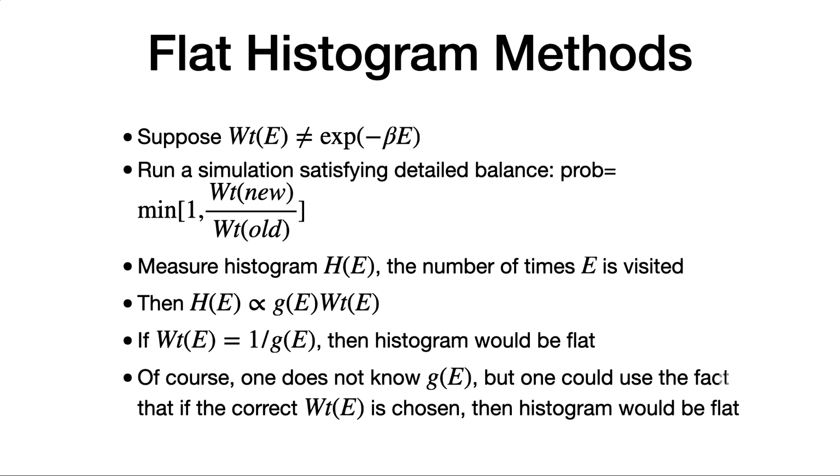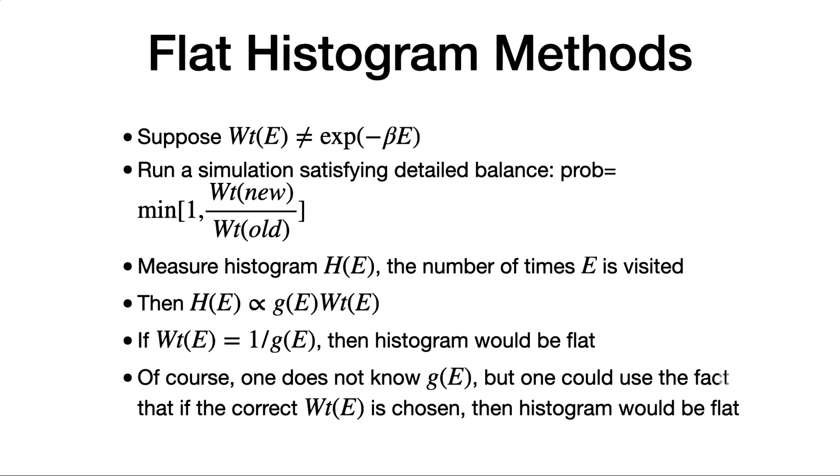Whatever the weight of E is. If the weight of E happens to be 1 by G of E, then the histogram would no longer depend on energy and the histogram would be flat. Of course, one does not know G of E, but one could use the fact that if the correct weight of E was chosen, that is, the weight of E was 1 by G of E, then the histogram would be flat.